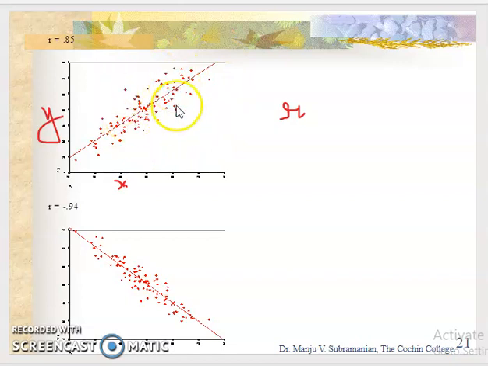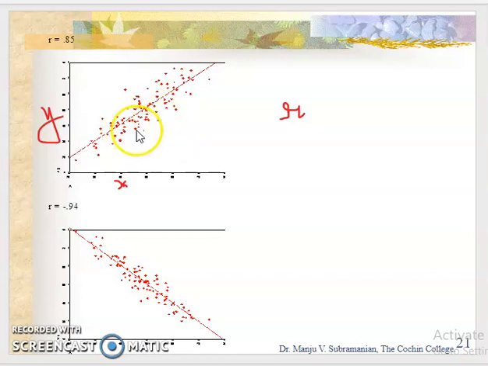The diagram of the dots so obtained is known as a scatter diagram. And the placement of dots on the graph reveals the nature of the relationship between the variables.